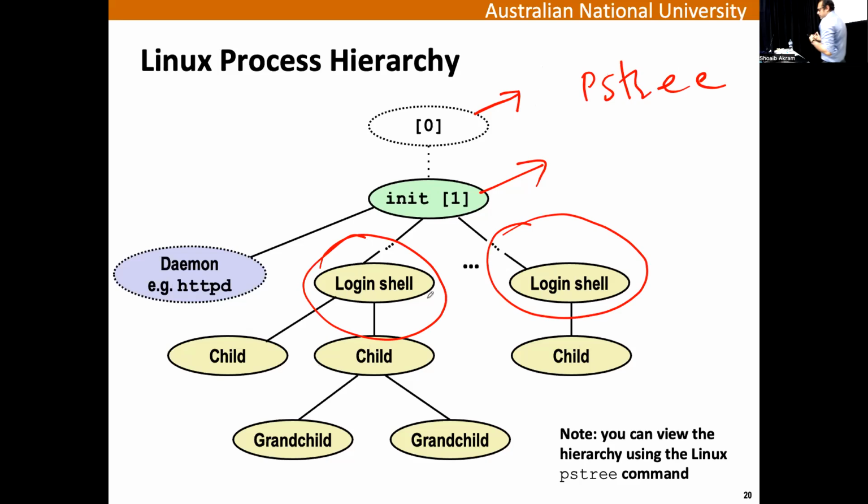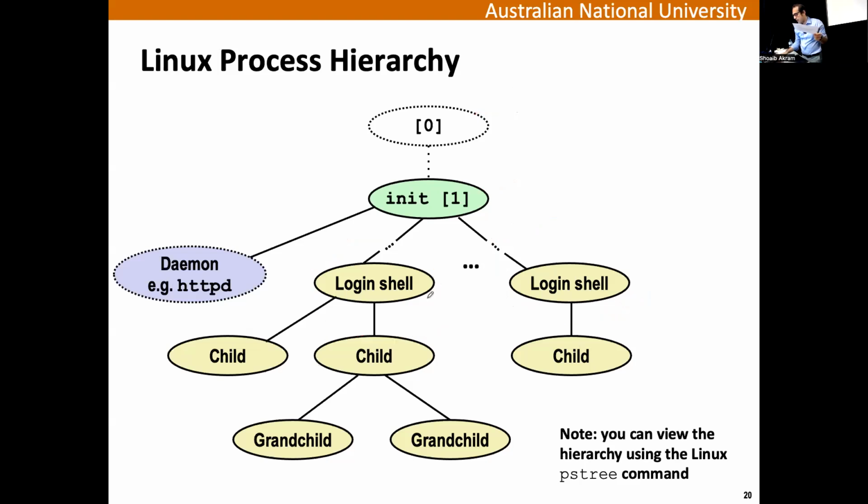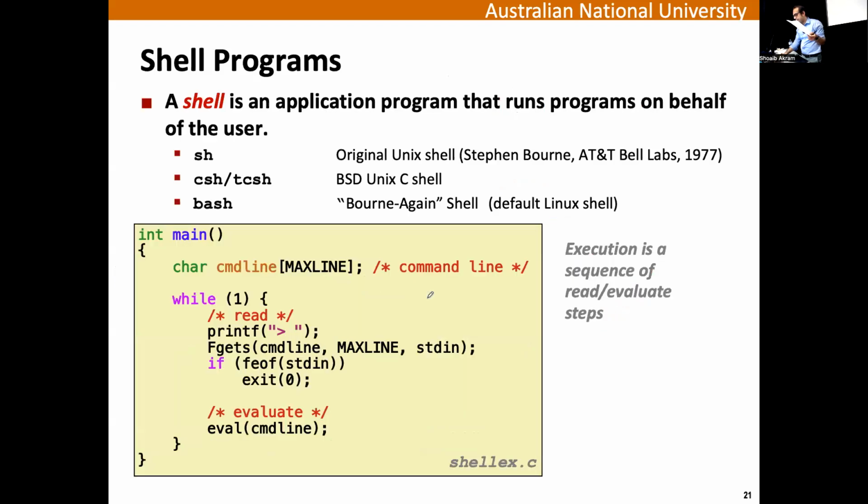A shell is just a program that does a bunch of read and evaluate steps. It parses your command, does something, and then looks for the next command. You can access different types of shells using a terminal on a MacBook, in VS Code, and so on.